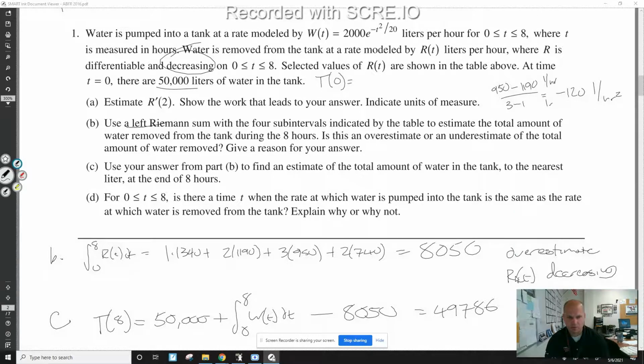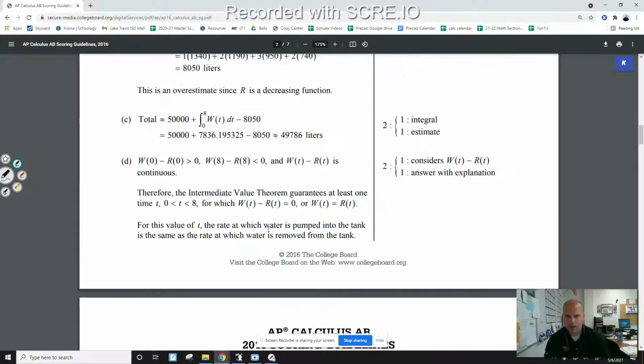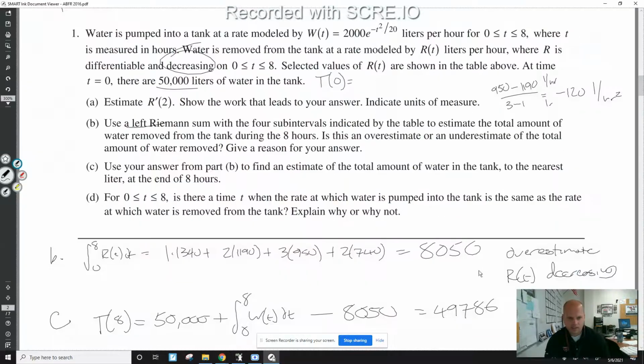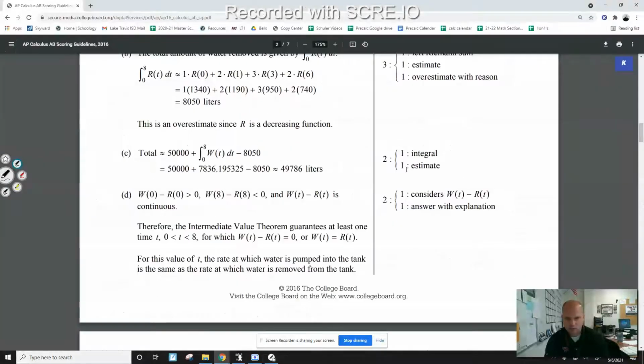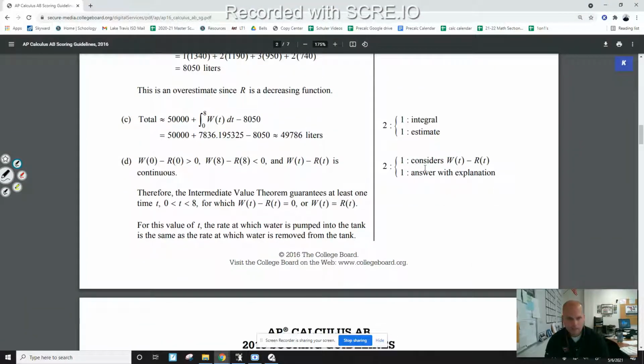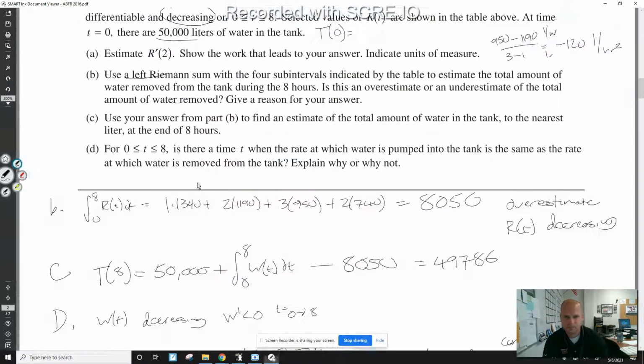Boom. C, 49,786, 2 points. D considers W minus R or W equaling R. Answer with explanation. They invoke the intermediate value theorem. My explanation's fine. Functions are continuous, and we got this going there, that going there. My answer is fine too.